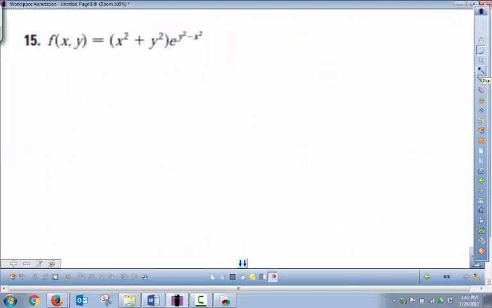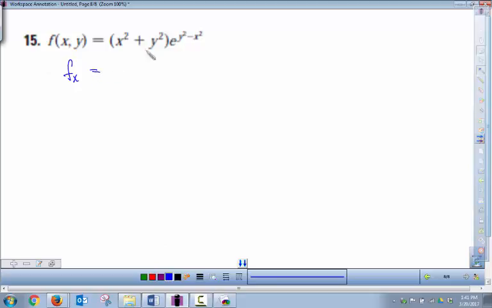So we need f_x and f_y, and we need to set them equal to 0. So chain rule or product rule, derivative of the first times the second plus the first times the derivative of the second with respect to x. So that's negative 2x. What do we have here? Big mess.